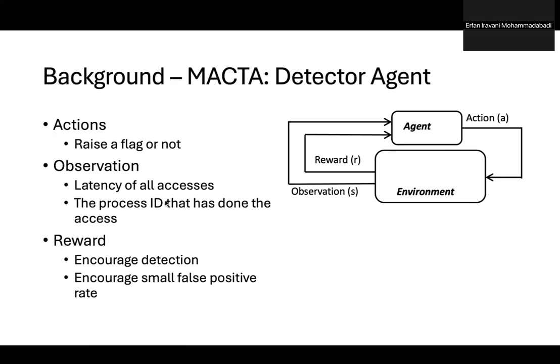Its observations from the environment are broader than the attacker's, and it can see the latency of all memory accesses, as well as the process ID of the process that has made that access. As for the rewards, there is a set of rewards that encourages detection by giving a positive reward to every attack detected. And also, to reduce the false positive rate, a negative reward is given to every false flag raised.